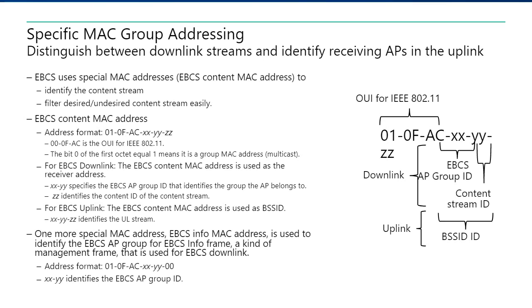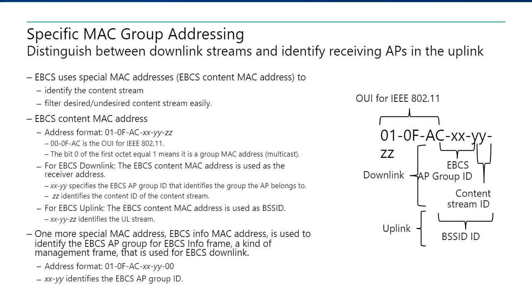We start with the OUI for 802.11 frames, and then the remaining octets are used in the downlink direction to provide information on the AP or group of APs which broadcast a current traffic stream, and the final two octets are used to contain a content stream ID which is by the AP mapped on the specific broadcast services made available.